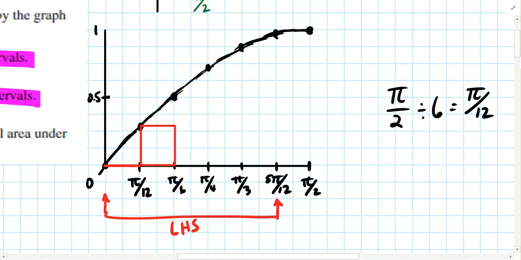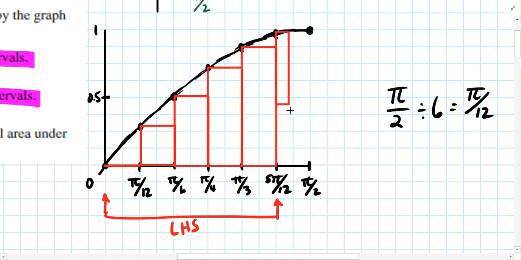And if I draw the rectangles associated with the left-hand sums, they should look something like this. Now, the function is an increasing function on this domain, so the left-hand sum should be and will be an underestimate. We'll find the value for that in just a second.